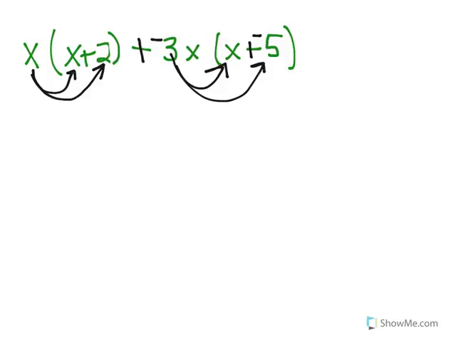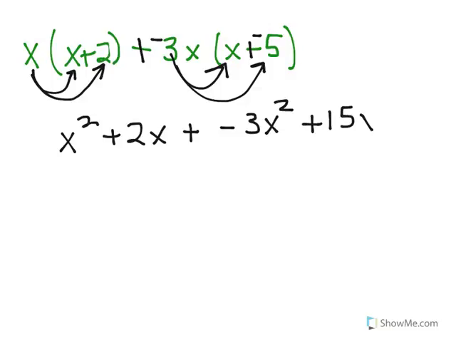So we get x squared plus 2x plus a negative 3x squared, and then a negative times a negative is a positive, so plus a 15x. Now what we can do is combine like terms.